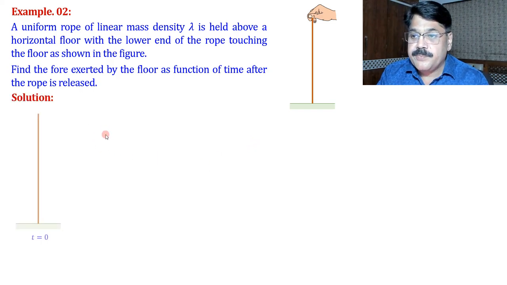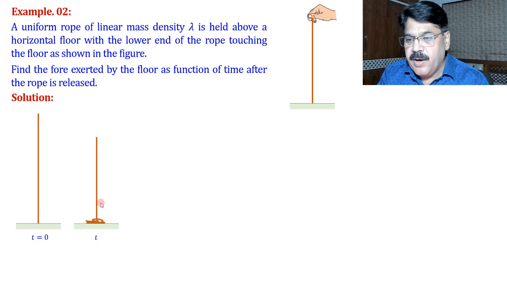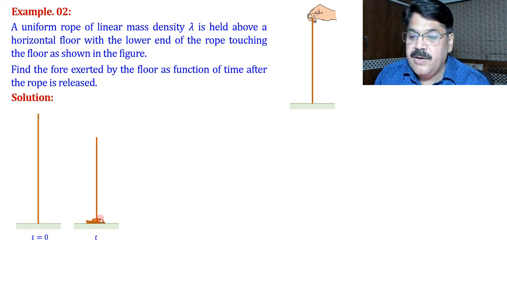How do we solve it? At the beginning, t equal to 0, the entire rope length is straight. Now when it is released, after time t some portion has fallen and that portion has been collected here in the heap, and again we neglect the height of the heap.